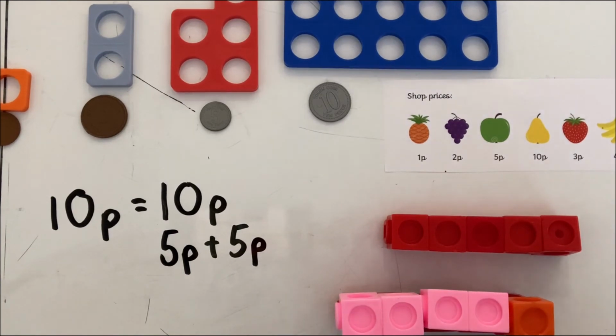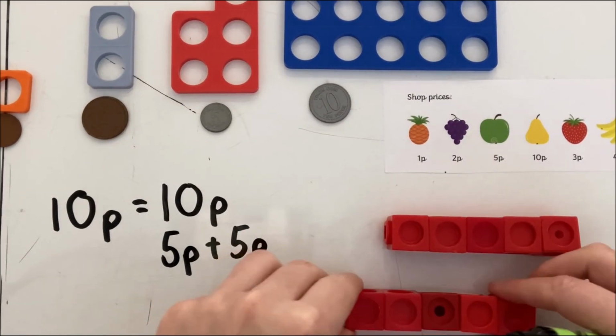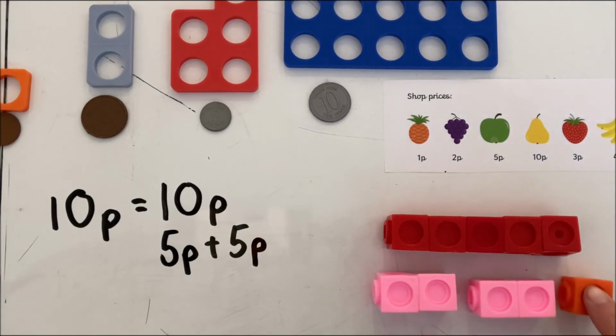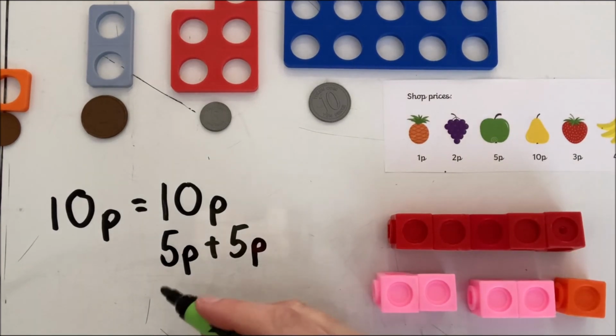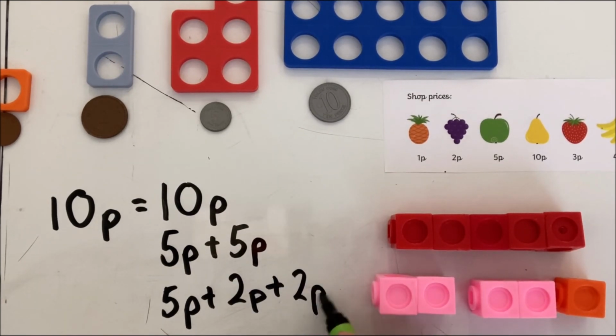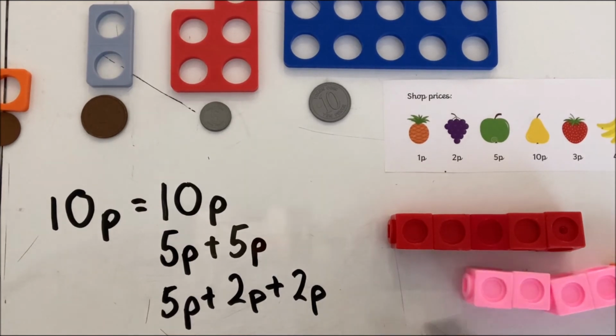So instead of another 5p, I could use a 2p, a 2p and a 1p. So I need to write this down. So I've got a 5p, add a 2p, add a 2p, add a 1p. That's another way to make 10p.